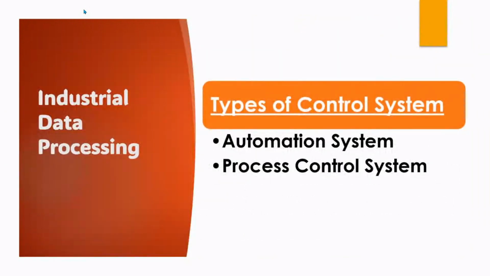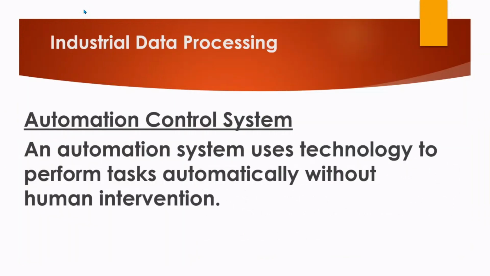There are two types of control system. We have the automation system and the process control system. An automation control system uses technology to perform tasks automatically without human intervention.